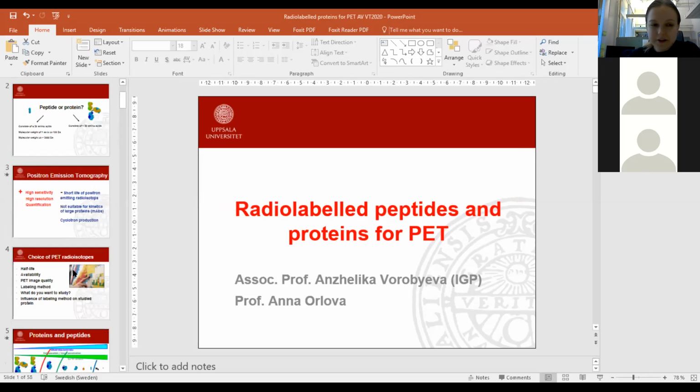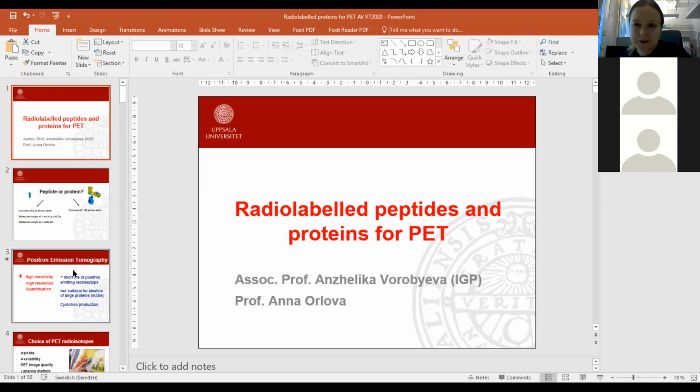So I know that this lecture can be quite complicated because we are looking at a lot of different parameters at the same time. We are looking at physicochemical properties of the nuclide in respect to the radioactive decay, in respect to the radiation types that are produced, and images that will result from that.